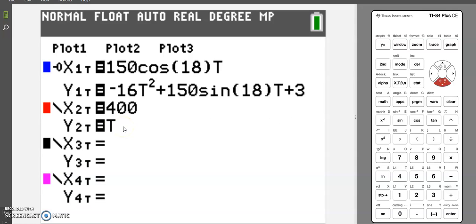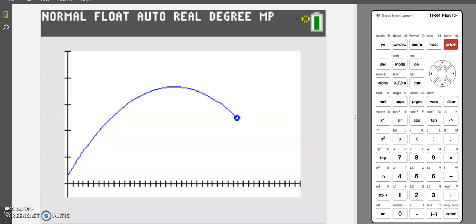Well, since T goes up to a maximum of 4, if I put a 5 times T here, when T is 4, then the Y height will be 20. And let's graph again. And there is that, and here's the fence.